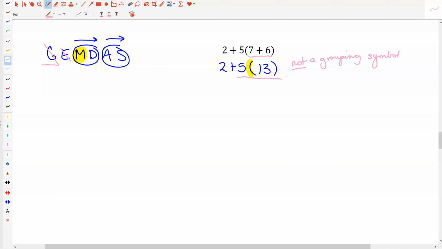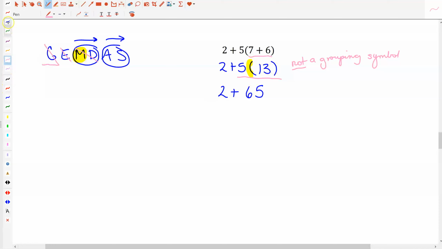So this 2 and this plus, I'm going to just carry it down onto my next line. And then 5 times 13 is 65. So now this multiplication is done. I don't have any more multiplication or division, so I'm done with that step.